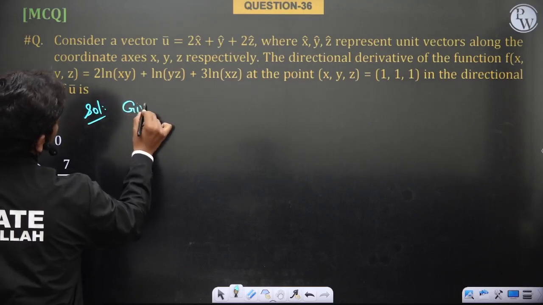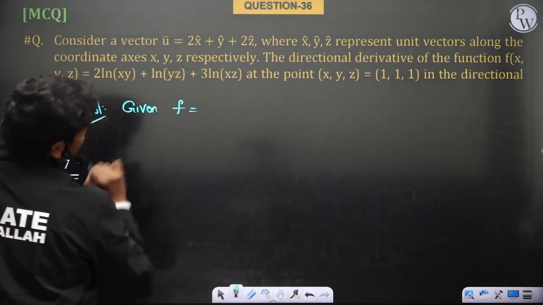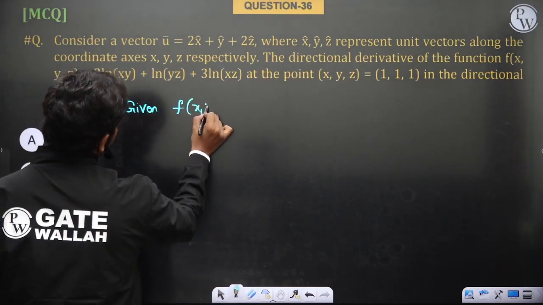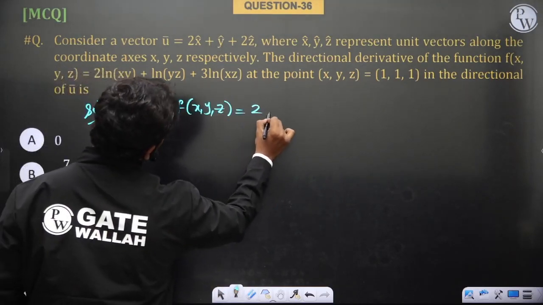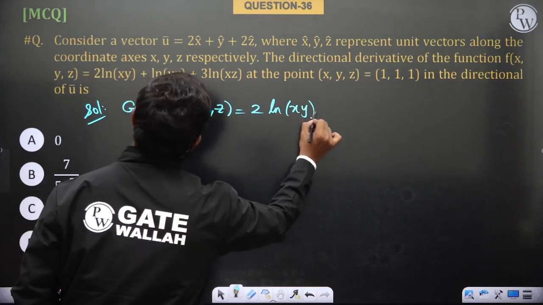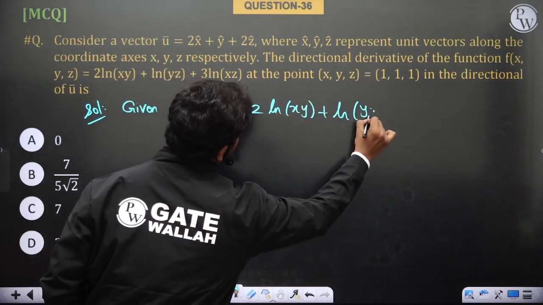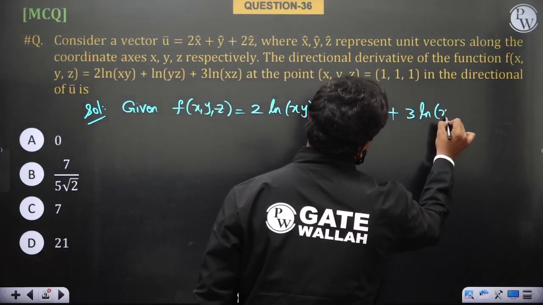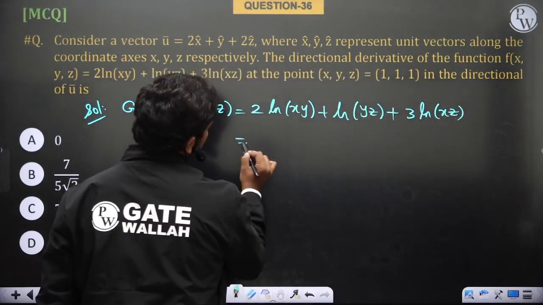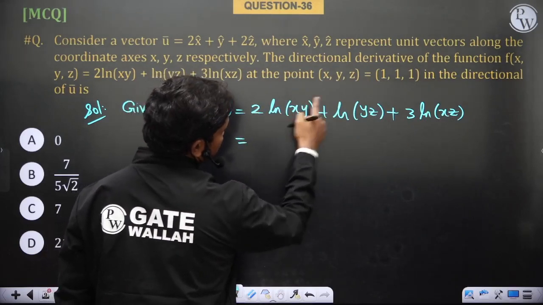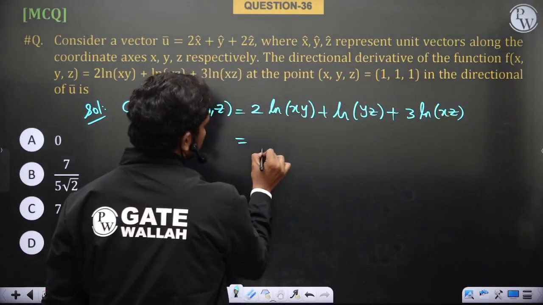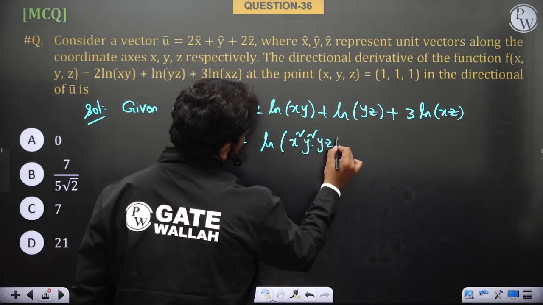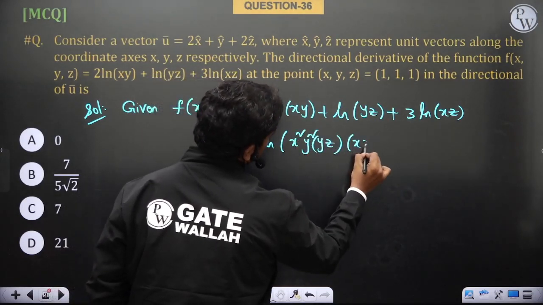Given f of x, y, z is equal to 2 ln xy plus ln yz plus 3 ln xz. This can be rewritten by taking the 2 and the 3 onto the top as powers: ln of x squared yz into xz whole cube.